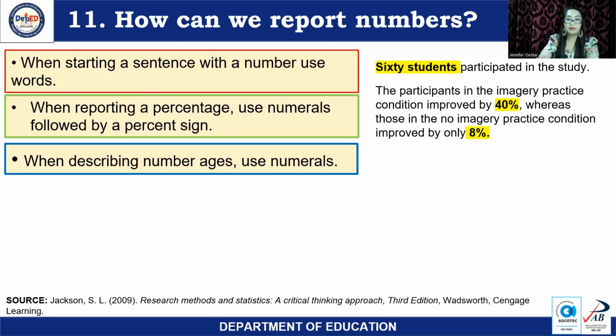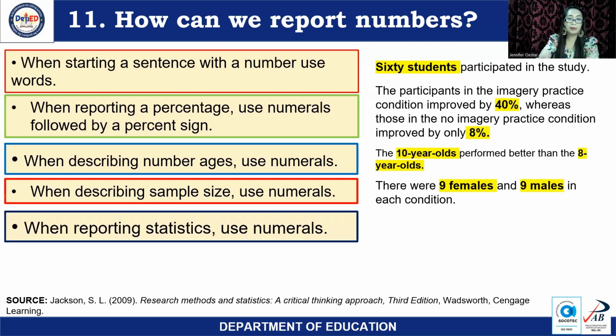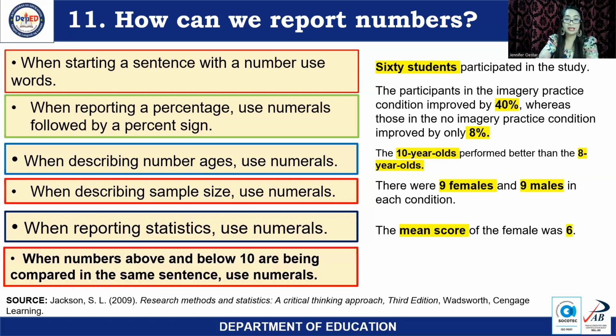When describing ages, use numerals. The 10-year-olds performed better than the 8-year-olds. When describing sample size, use numerals. There were 9 females and 9 males in each condition. When reporting statistics, use numerals. The mean score of the female was 6.